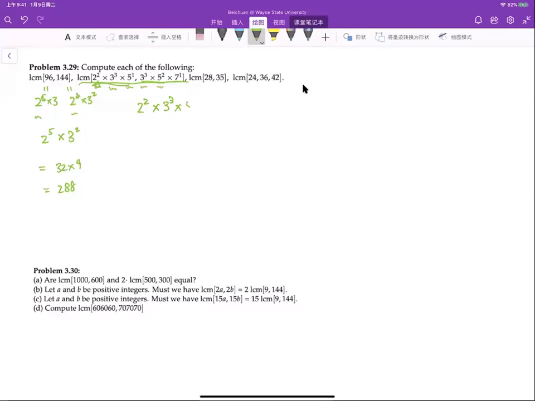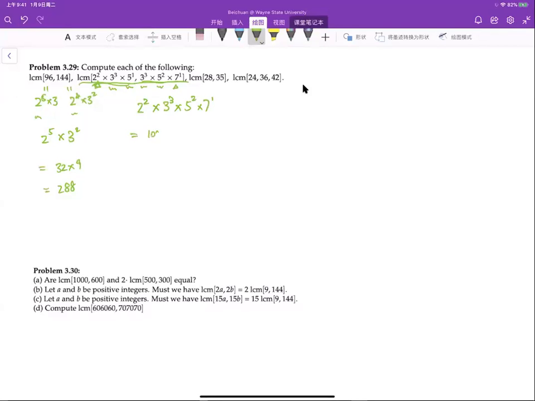So again, we pick the larger one, which is 5 squared. And only the second one has the power of 7. So we just copy that, which is 7 to the first. Okay, so this is the prime factorization of the LCM. And then you can just multiply them together.